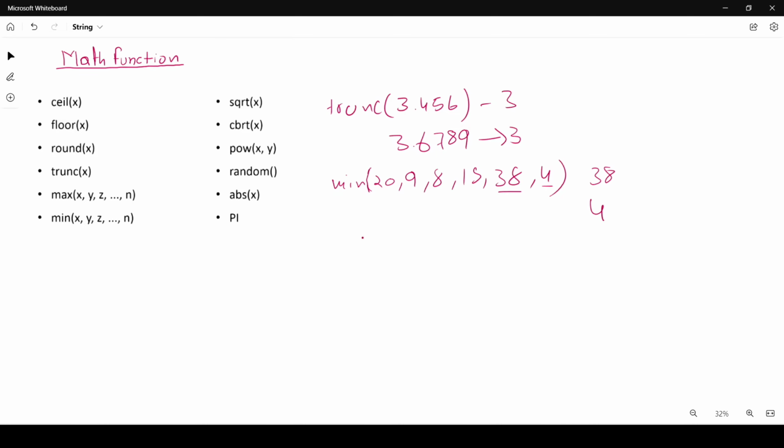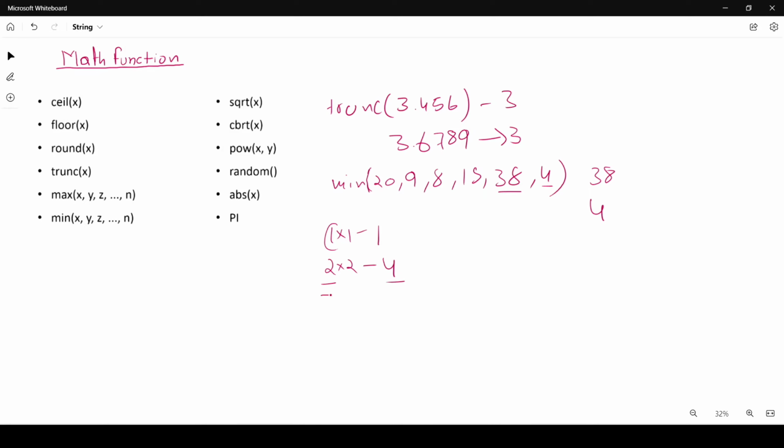Okay, now after that we have square root and cube root. For that we have to first understand square. What is square? If we multiply 1 into 1, it will give us 1, and the square root of 1 is 1. For example, 2 into 2 gives us 4, and the square root of 4 is 2.